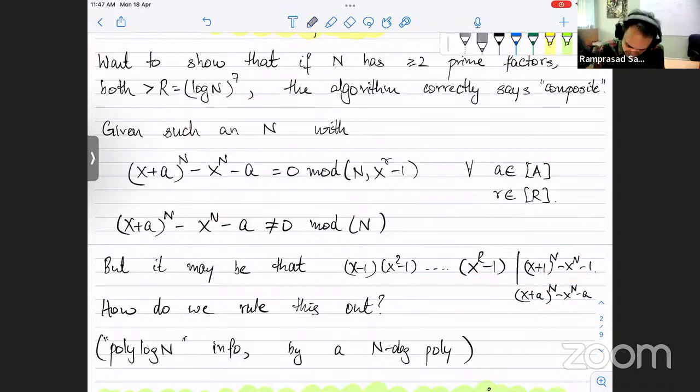And things will become clear as we go along. What I want is some form of what I'll try to call a witness explosion. I'll eventually want to argue that this polynomial is 0 because too many things divide it, or some version of that.